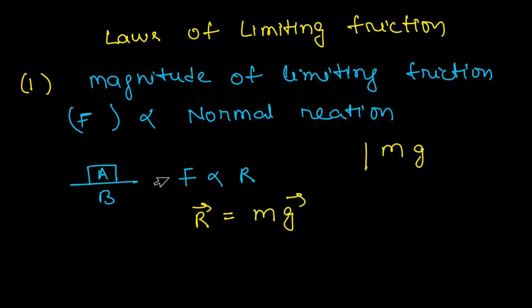So from this we can see that the magnitude of limiting friction, which is the maximum frictional force at the contact surfaces, is directly proportional to the normal reaction, which depends on the weight of the body. So the more the weight of the body, the more will be the maximum frictional force between the surfaces. So we will need more force to move the body if the weight of the body is high.